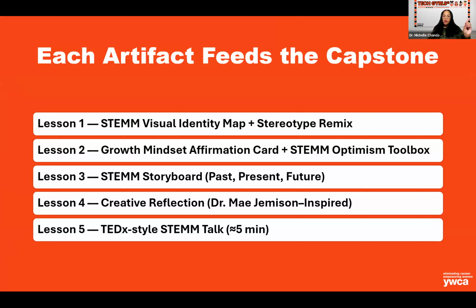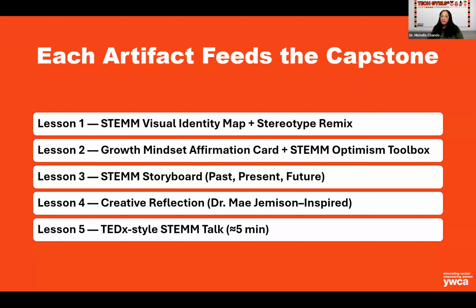So in module 1, lesson 1, they're creating this visual identity map. In lesson 2, they're creating this STEM optimism toolbox and the growth mindset affirmation card. In lesson 3, they're building this STEM storyboard. And in lesson 4, they're creating a creative reflection that's inspired by Dr. Mae Jemison.